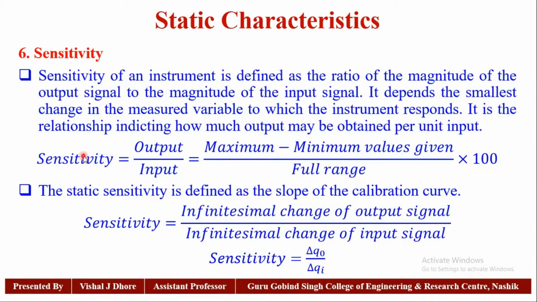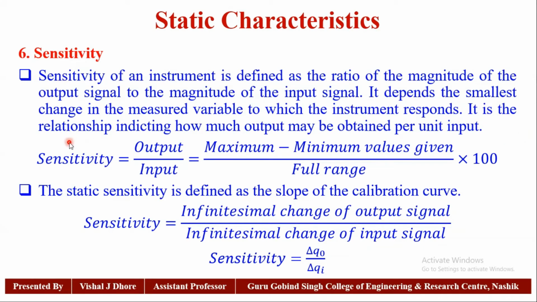Next is sensitivity. Sensitivity of an instrument is defined as the ratio of the magnitude of the output signal to the magnitude of the input signal. It depends on the smallest change in the measured variable to which the instrument responds.